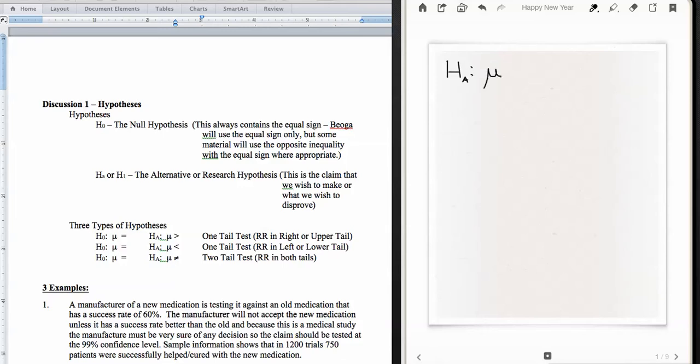Those are the two types of hypotheses we'll be dealing with. So I'm going to start with just mean notation: mu is greater than some numeric value that's given, and that is assumed to be our population information. So this is our first type of claim. Now this generates what we call a right tail test.